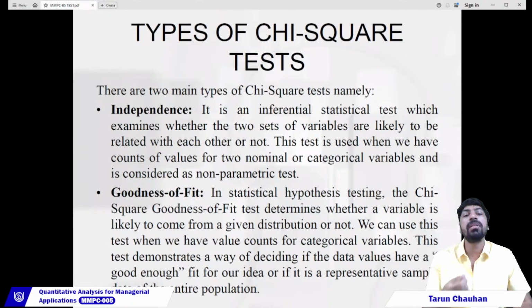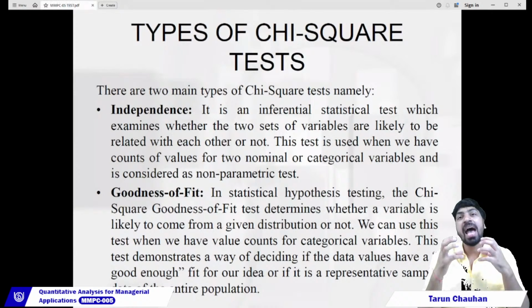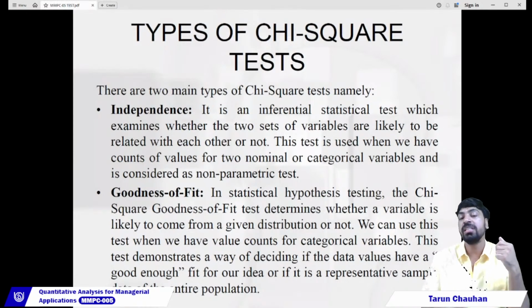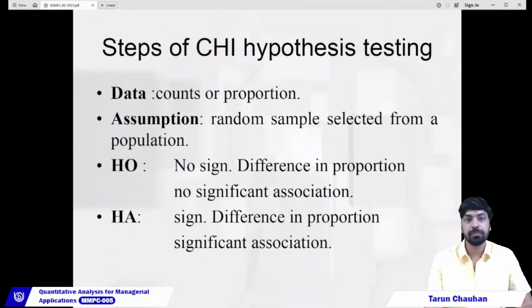That's called the goodness of fit, and it is the second type of the chi-square test.